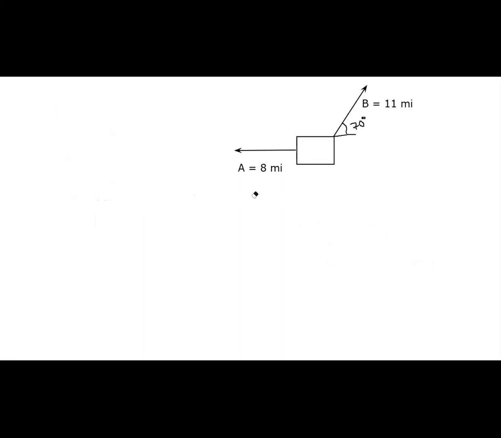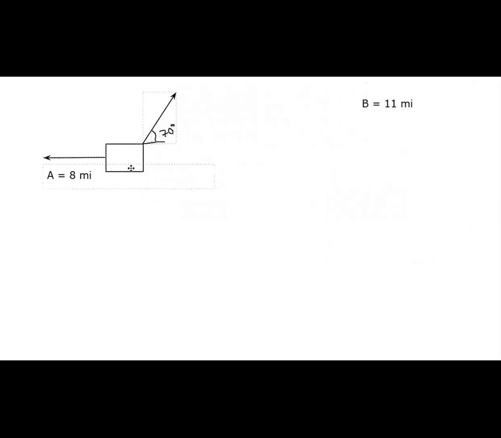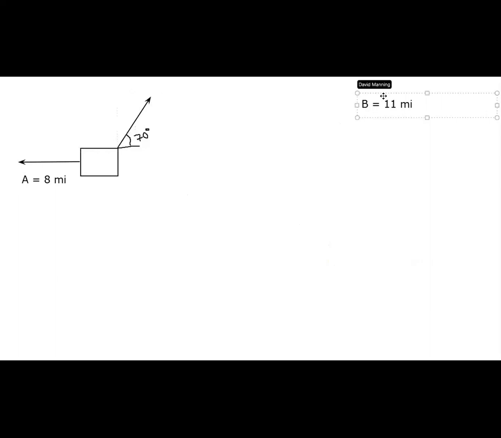So what we want to do here is solve this the component method. And we're just going to take our little picture here, move it over, and use the rest of this to do it. Vector B is broken down into its components, Bx and By, right?